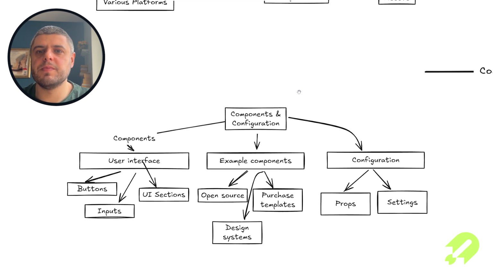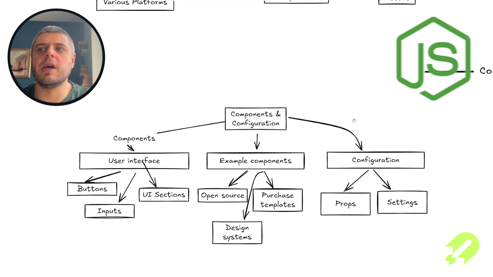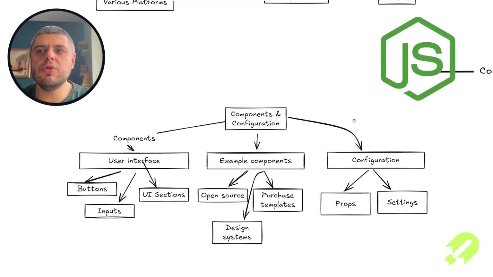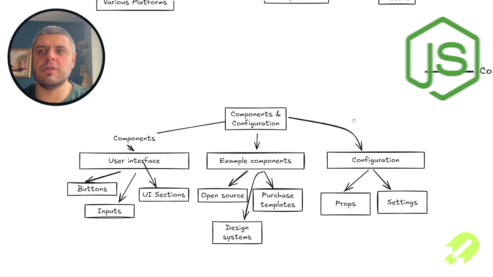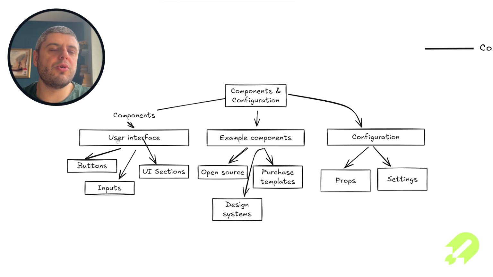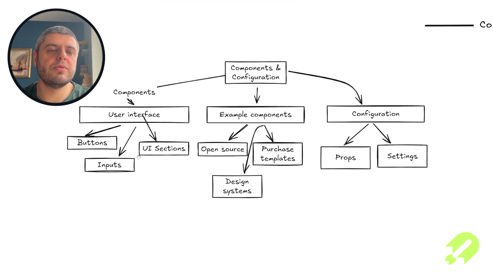Before we move to that, one other component that we need to talk about is, of course, your components and configurations. Modern SaaS platforms are often built using frameworks like Next.js, which use components to structure their user interface. These user interface components could be buttons, inputs, UI sections, you name it. So in the end, think of a component as the building block of your application, which can be configured to fit your business needs.